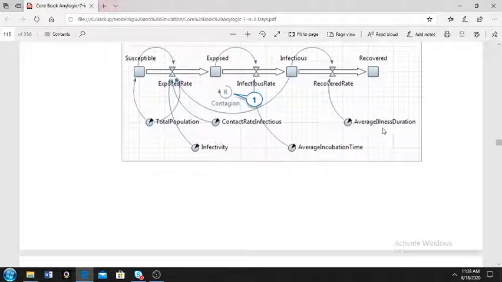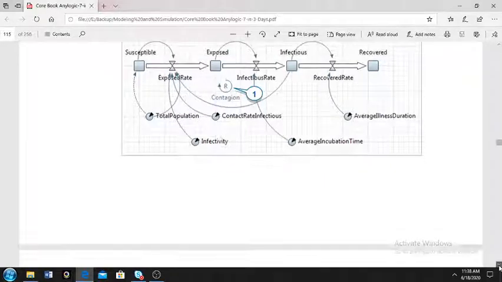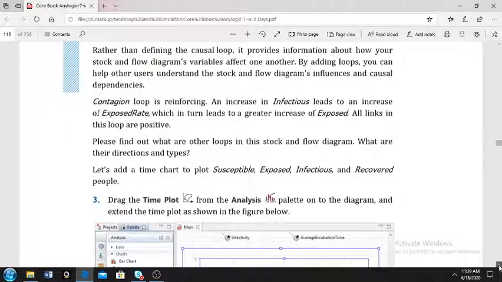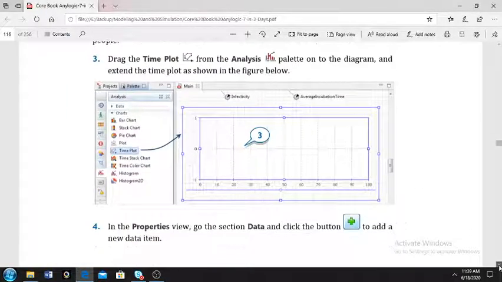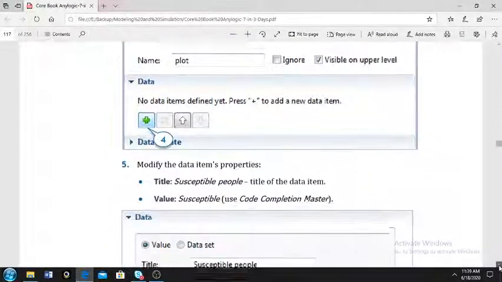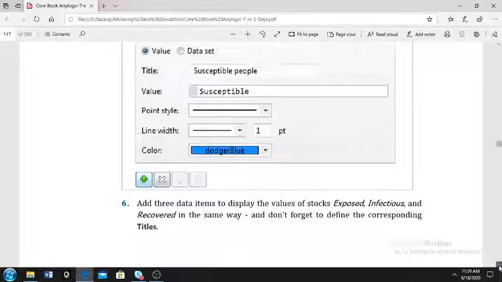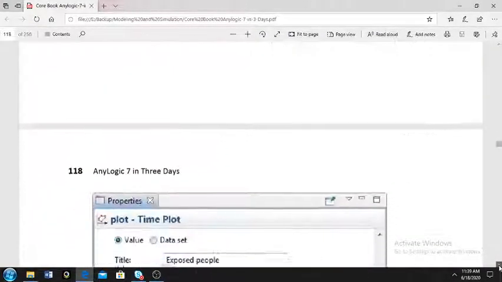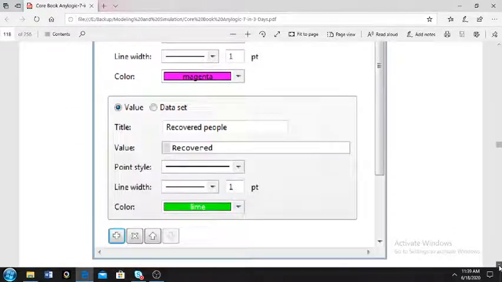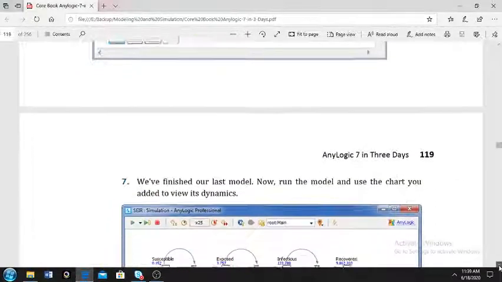Reinforcing, balancing, whatever. This is for building visualization, where you see the output of the results. It really takes you click after click.